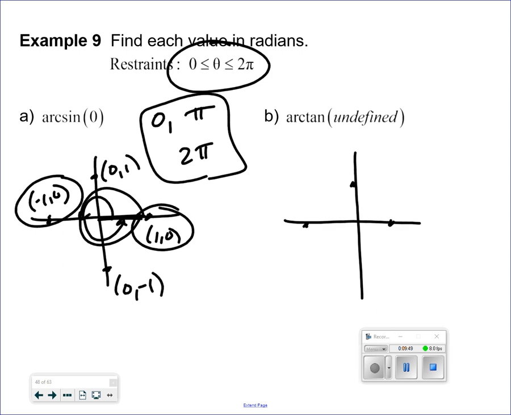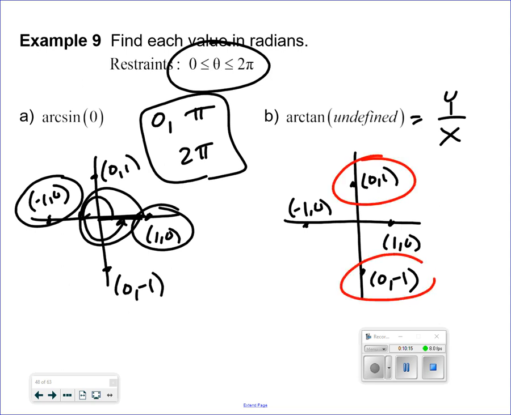I know that's quadrantal. So I'm going to draw in the unit circle, and I'm going to put the points that are on the axis from the unit circle. Tangent is always y over x. So in order to get a tangent that's undefined, the x values have to be 0. So where are the x values 0?